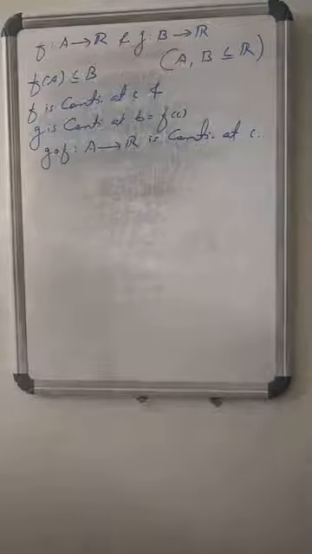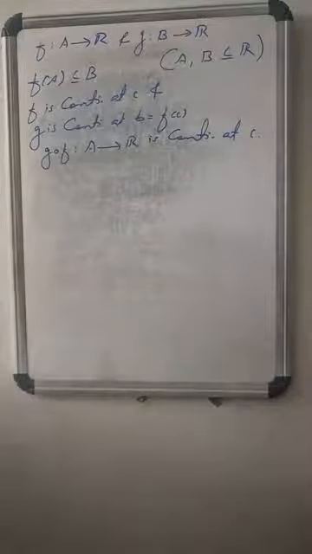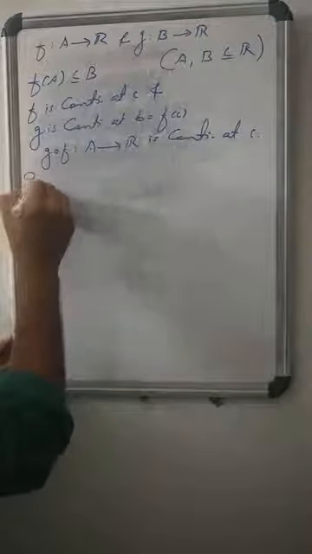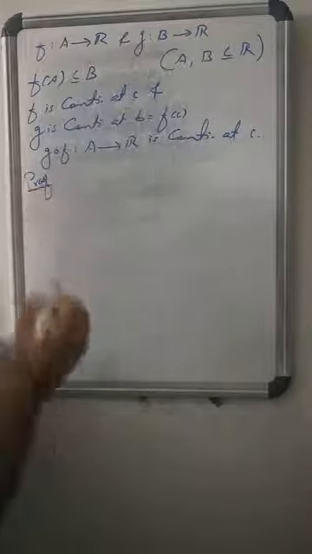Then we have to show that g composition f from A to R is also continuous at the given point c.